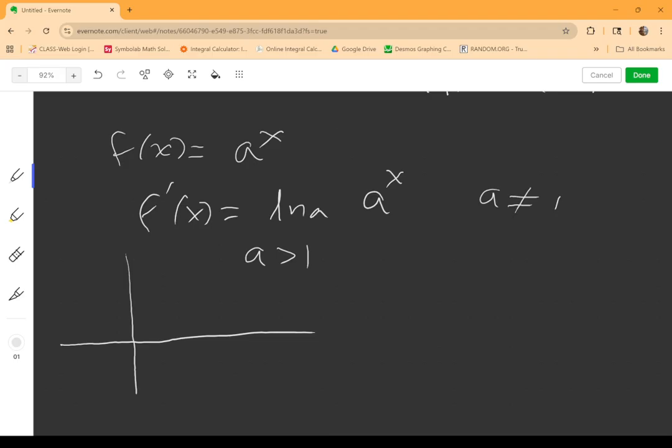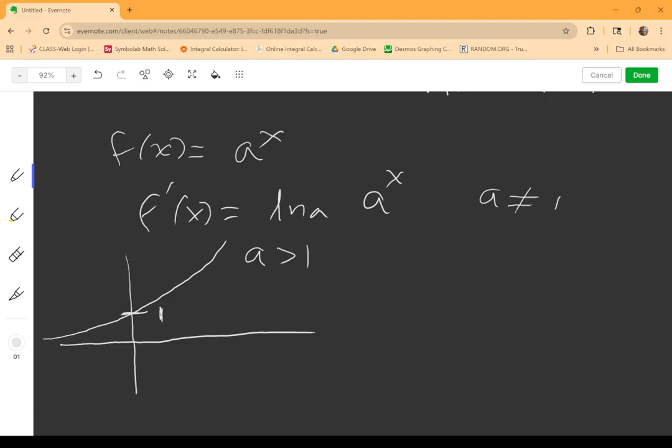So we'll break it down into two cases. If a is bigger than 1, notice that the natural log of any value greater than 1 will be positive, so it'll always be increasing. So we get something that looks like this, where it crosses the y-axis at 1. That's when x is 0, a to the 0 is 1.